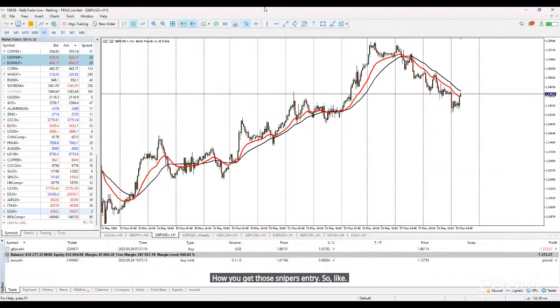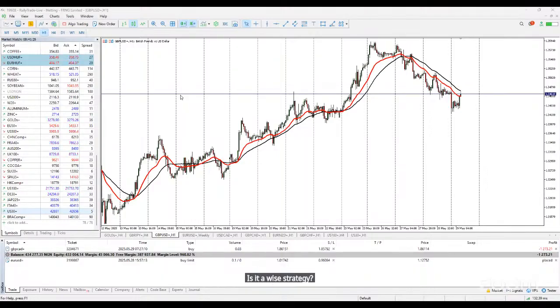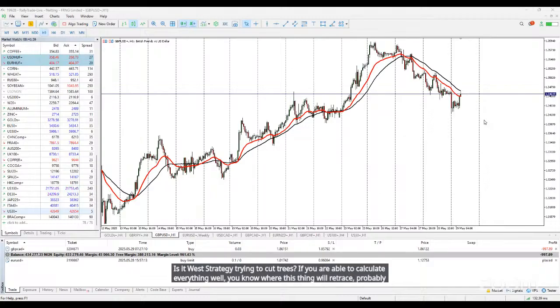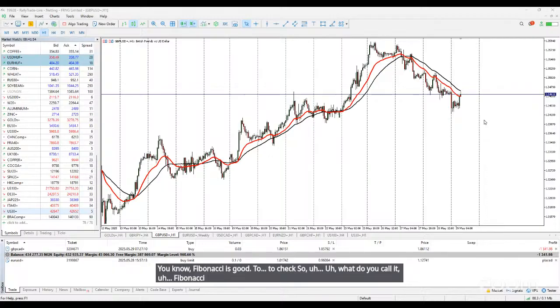So like what he asked: is it wise to try to catch a retracement? If you are able to calculate everything well and know where this will retrace, probably using your Fib, Fibonacci is good to check all these invisible lines of support and resistance.